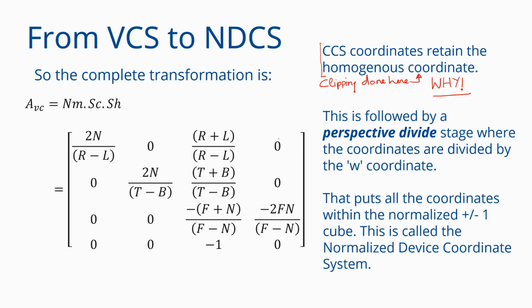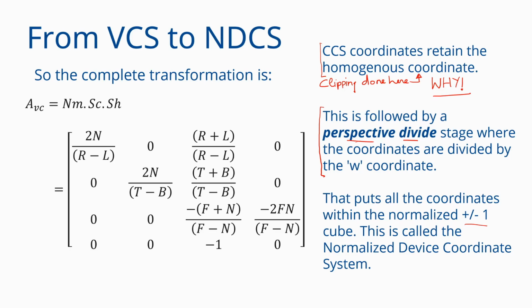Okay. The operation that we do to come from CCS to NDCS is called the perspective divide. Right? You are dividing by the homogeneous coordinate. Once you are in NDCS, all coordinates are normalized to ±1.